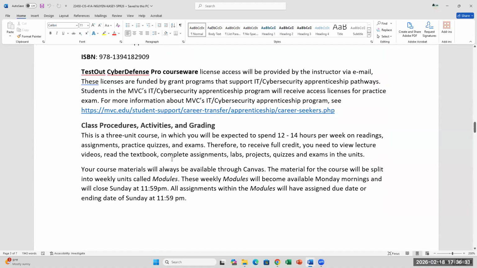Hopefully, I'll be able to cover that with some grant funding, but we will be doing a practice exam in this course. Okay. Some of you are familiar with Test Out by CompTIA. Now it's just called CompTIA, no longer Test Out because they bought them out a while back. I will turn this on probably after spring break when you come back. I will send you an email for your access license.